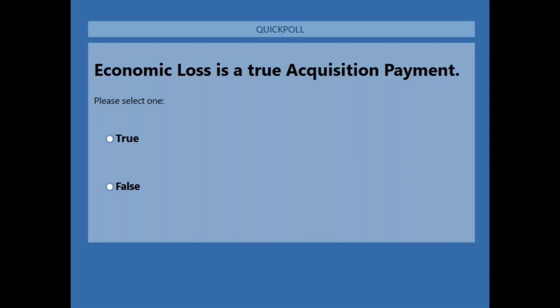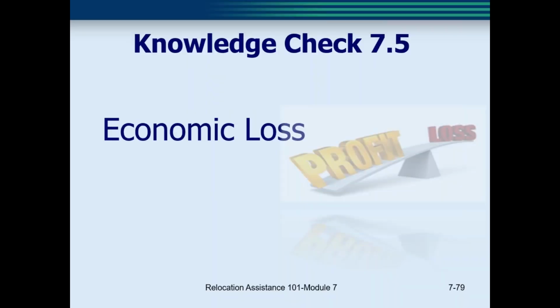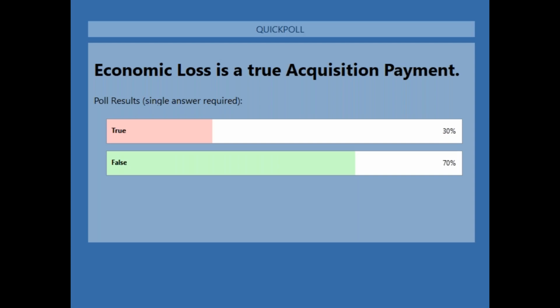Okay, question number 4. Economic loss is a true acquisition payment. Is that true or is it false? Okay, the correct answer is false.